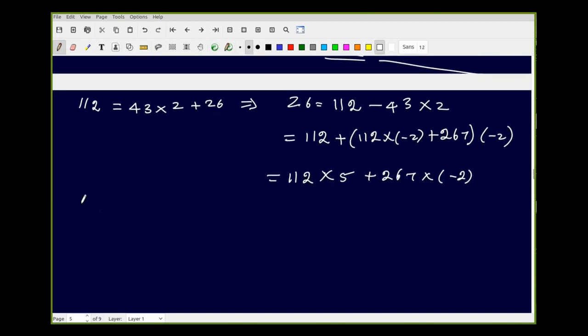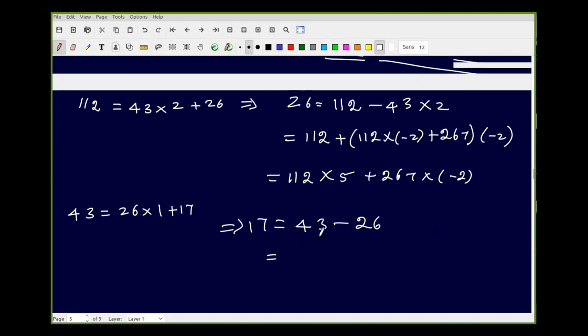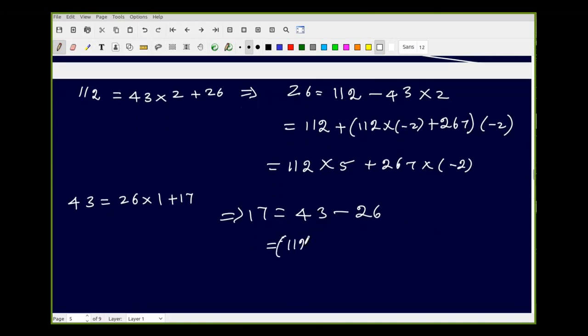The next remainder is 17, which is obtained when we divide 43 by 26; we get the remainder 17. So 17 is nothing but 43 minus 26 times 1. So we apply the linear combinations of 43 and 26 here. 43 is already written as 112 product minus 2 plus 267 into 1, right?